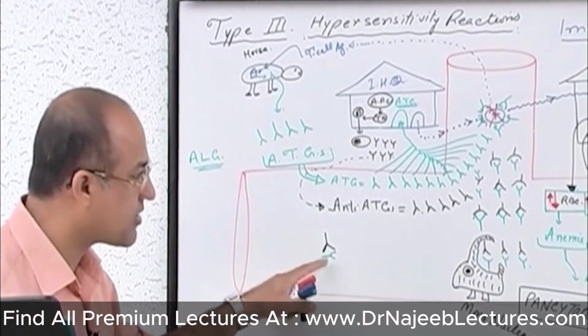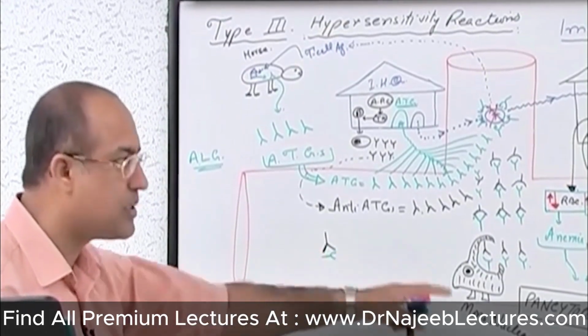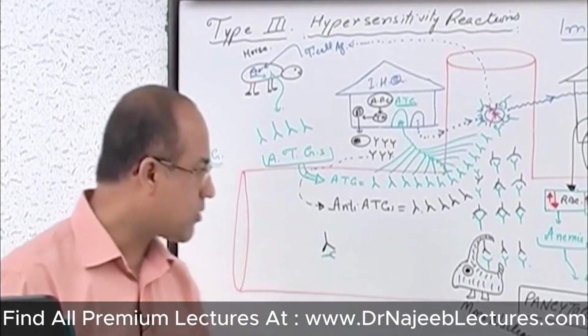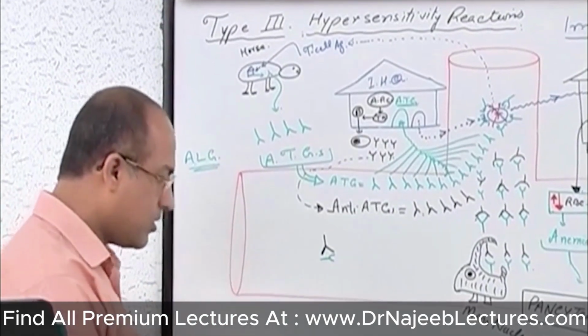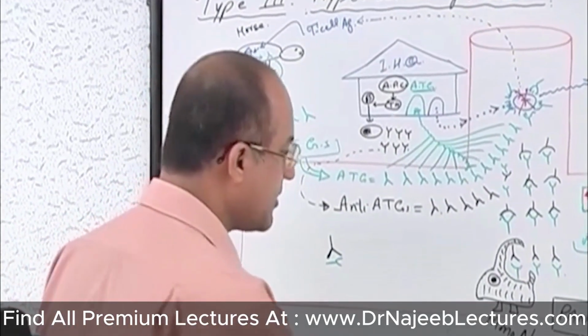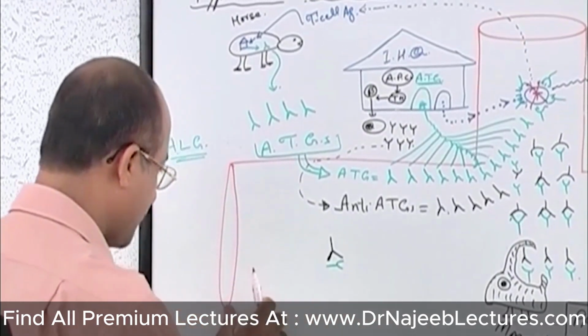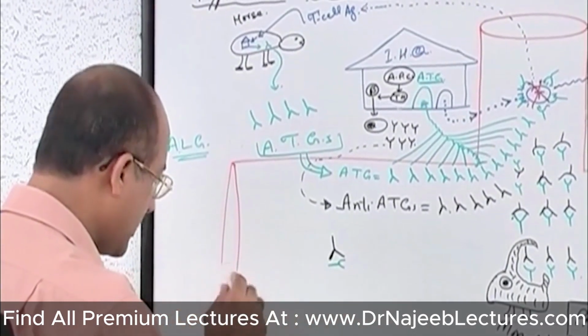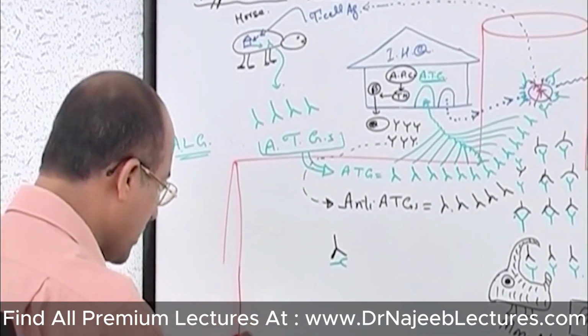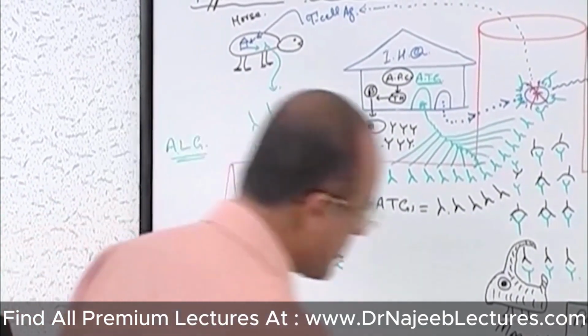And now they are making complexes within the circulation and they have not been efficiently removed. What will happen to them? Now they may deposit in some part of the vascular system.